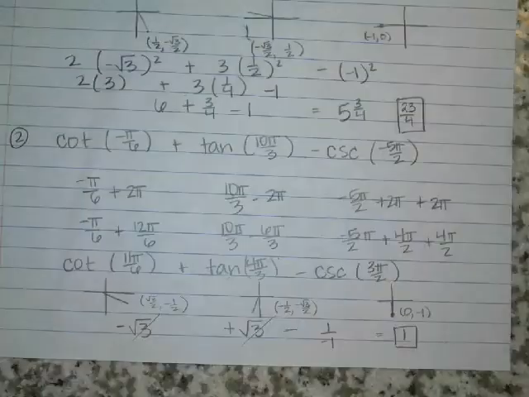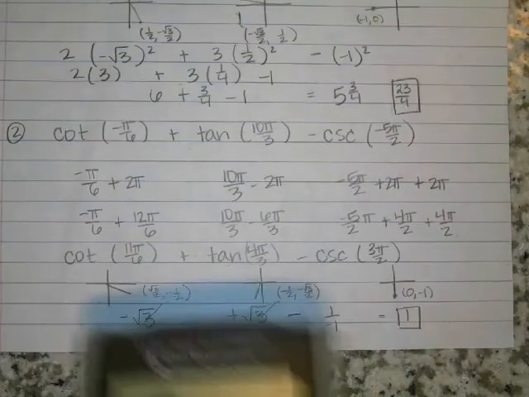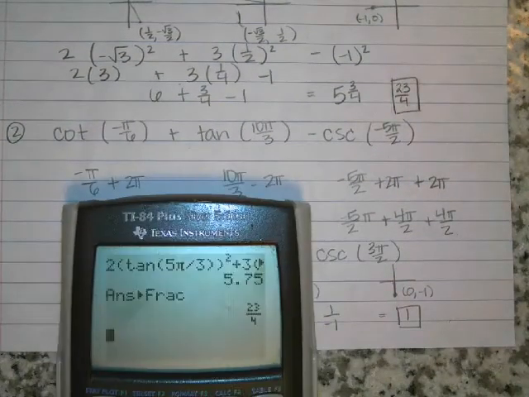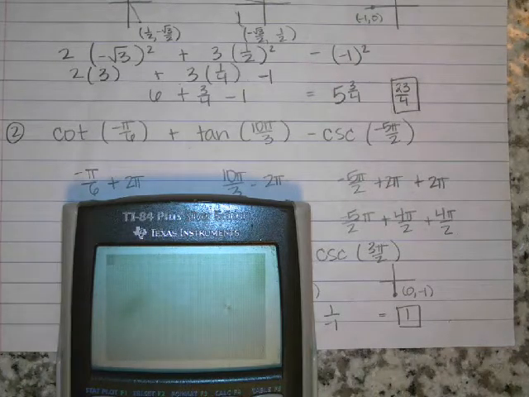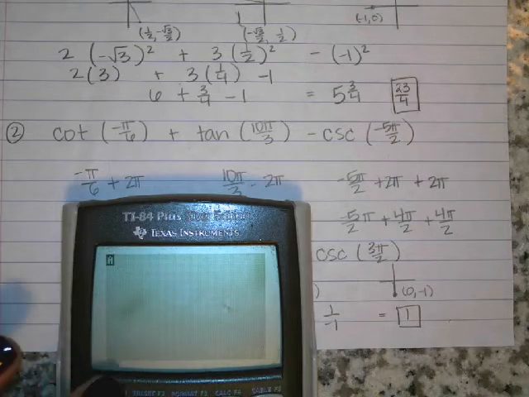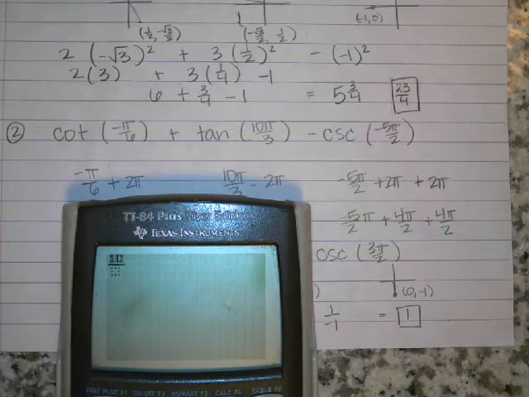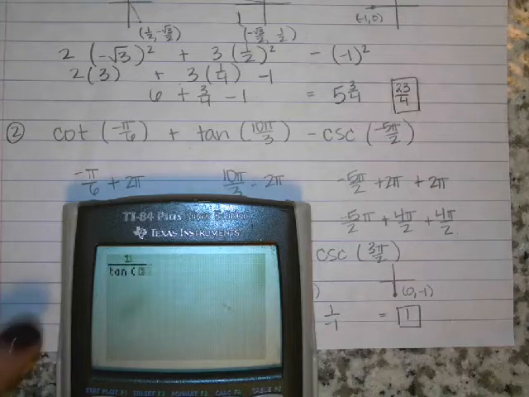Okay. This one is interesting to plug in because we don't have buttons for cotangent and cosecant. So to plug these in, now the bummer about this is sometimes these are hard to plug in in the event that you have something that shows up as undefined. So just because you can't plug it in perfectly doesn't mean you didn't get it right. But this first one will be 1 over tan of negative pi 6.